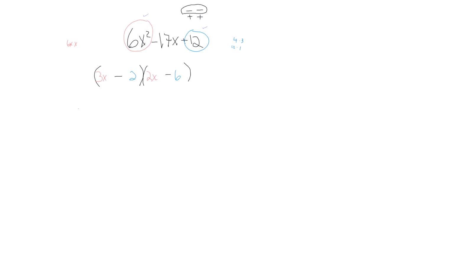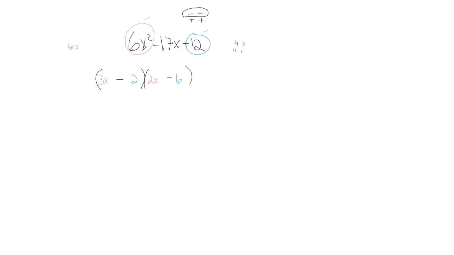And I just have to check my middles again because my first product is going to be the same and my second product is going to be the same. So I'll check my middles. This is minus 4x and minus 18x. So that's too big. That gives me a minus 22x. I'm not going to use those.